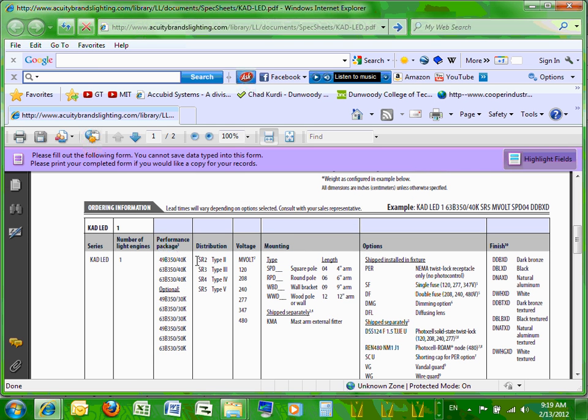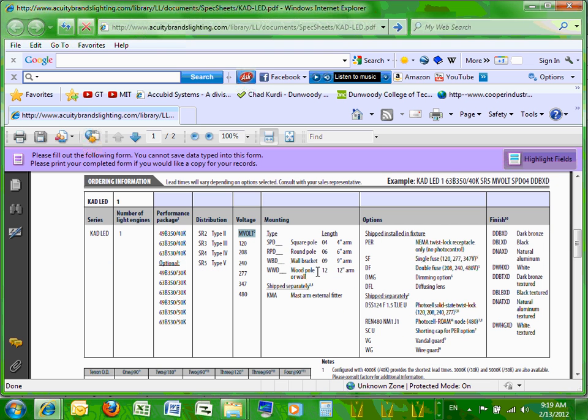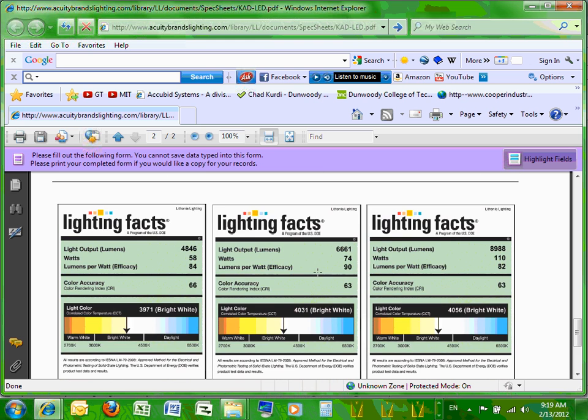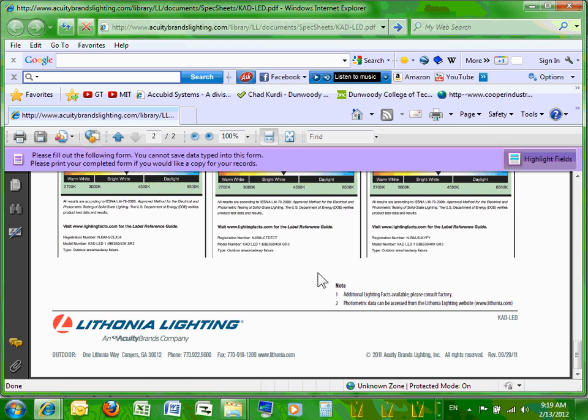My whole goal here is just to show you where the type is. You guys are familiar with the multi-voltage. You can get it multi-voltage. You can choose the mounting height, the type, the length of the arm that you can put on the pole, and a couple of other things. Let me see if we can find the lighting facts.